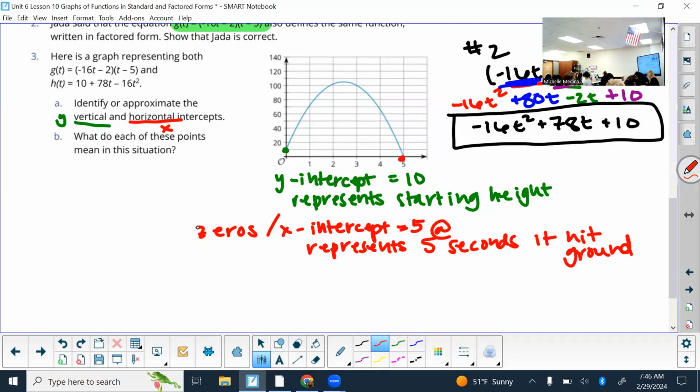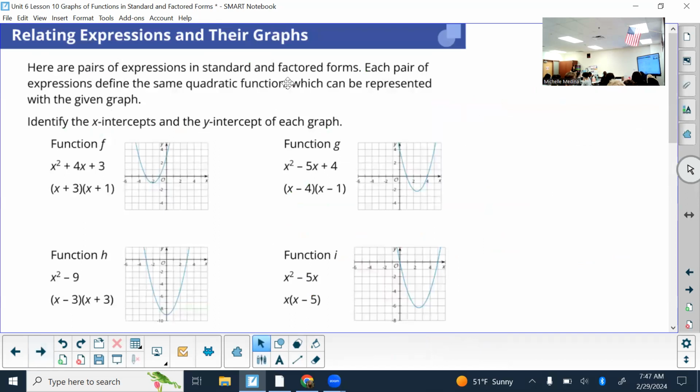Okay. On the back, you have an activity which I really like. I think it's really helpful in understanding a certain pattern about these x and y intercepts. We have a bunch of different graphs along with their standard and factored form expressions.